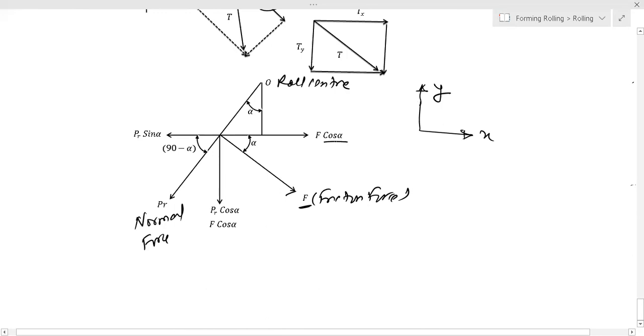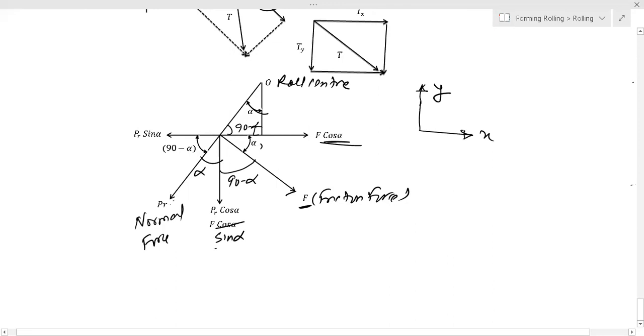So F will be F cos alpha and F sin alpha, right? Because this is alpha, this is your 90 minus alpha, this is your 90, and again this is your alpha. So this is F cos alpha, and this is your F sin alpha.